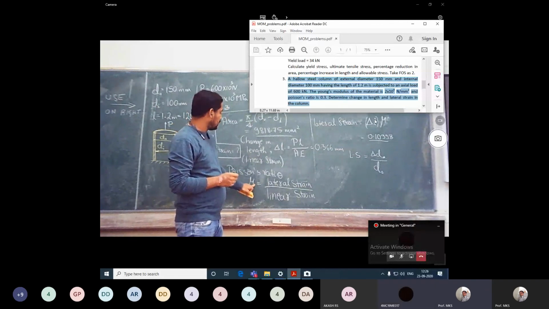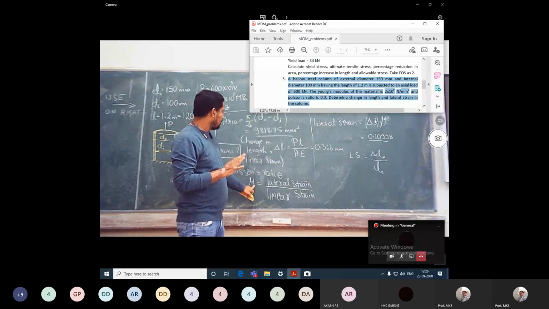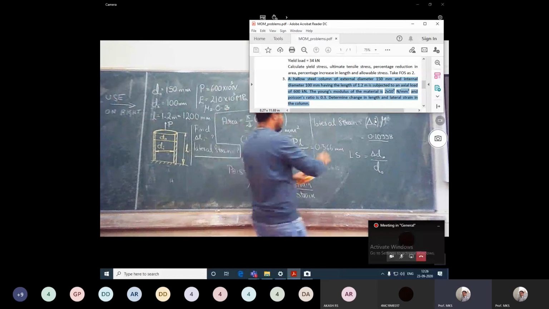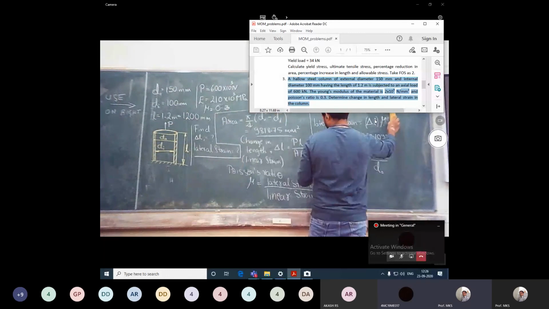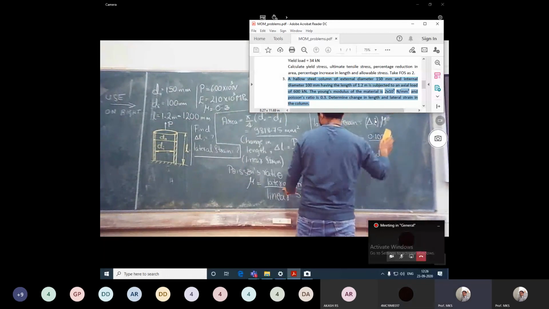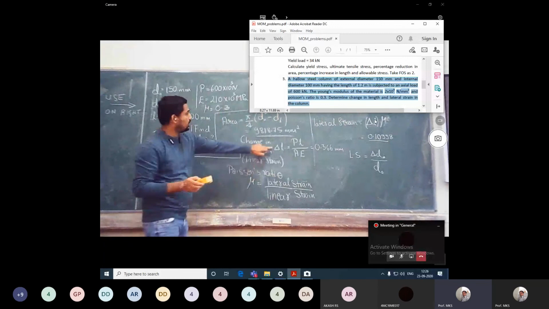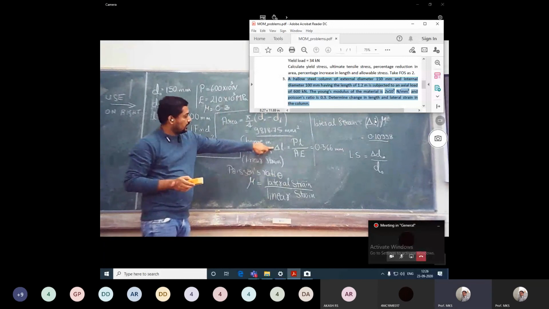So linear strain is what? Linear strain is delta L. So I have taken delta L in terms of linear strain. So multiplied, you will get the lateral strain.